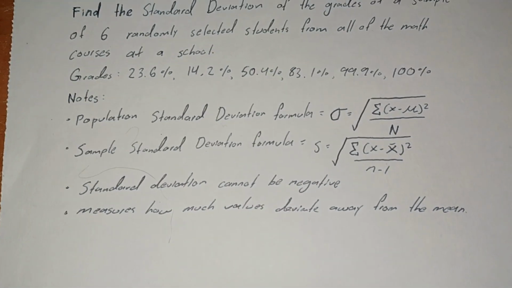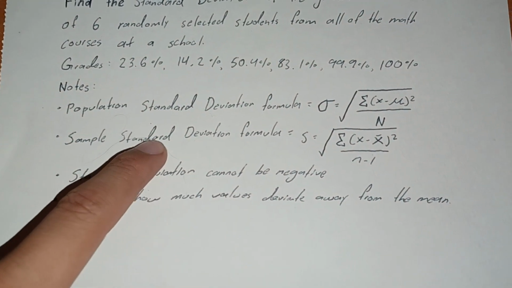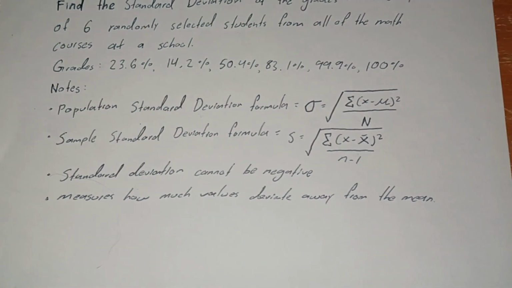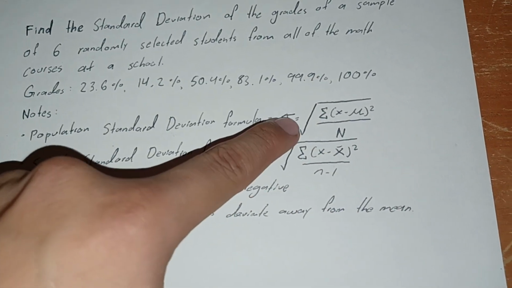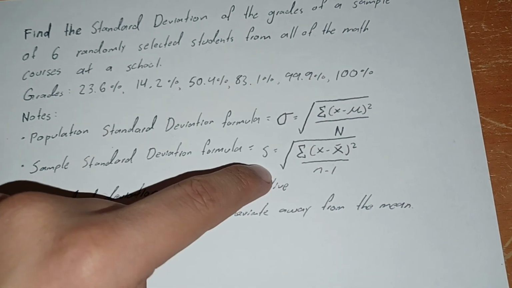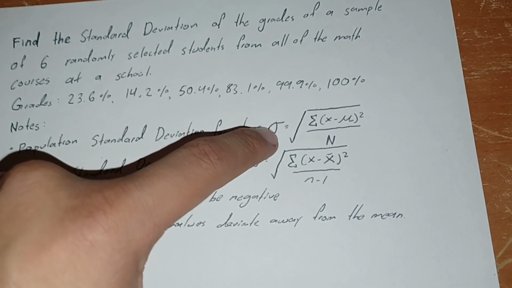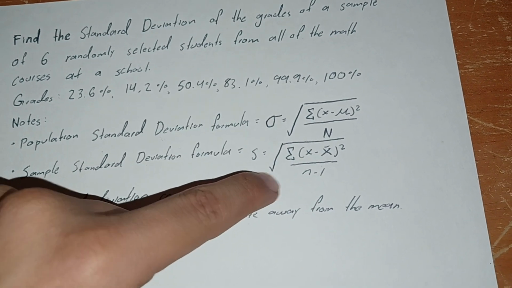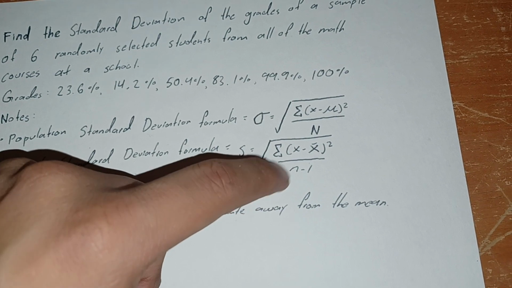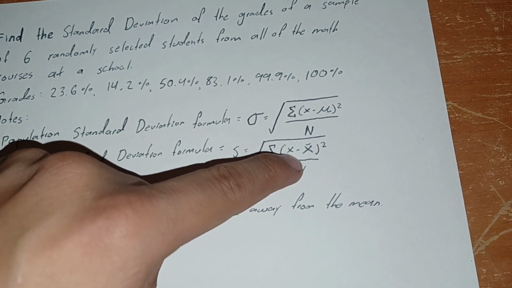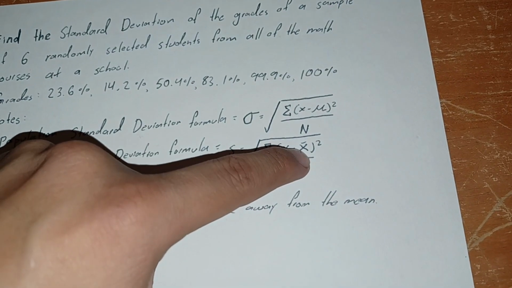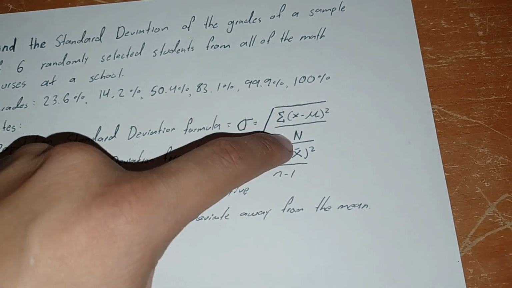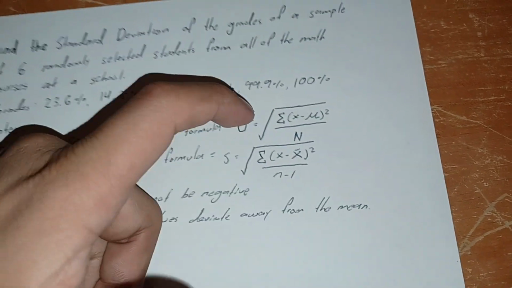And the sample standard deviation formula is the formula we are going to use today. It is S. Notice that sigma changes to an S. The S represents a sample, and sigma represents the population. So S equals the sum of your x values minus the mean, x bar. X bar and mu are basically the same thing, they're the mean.